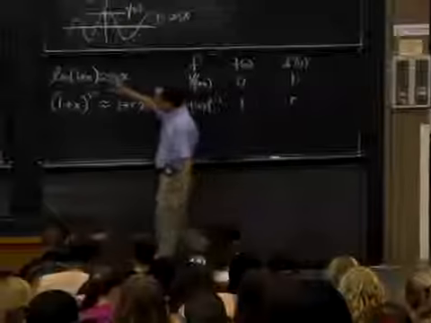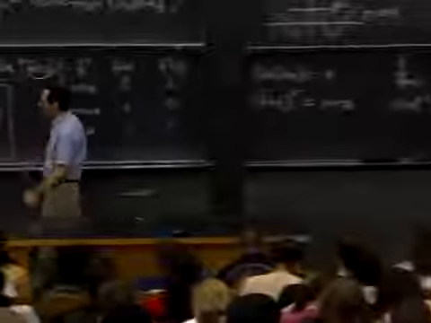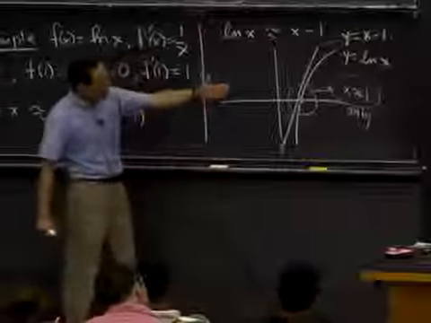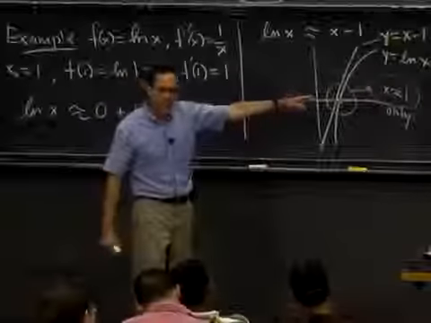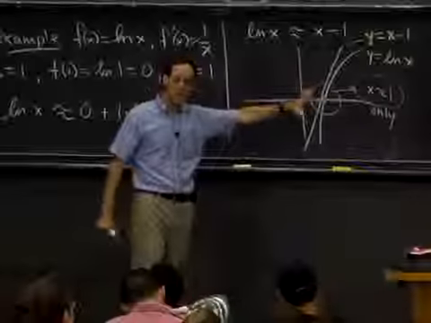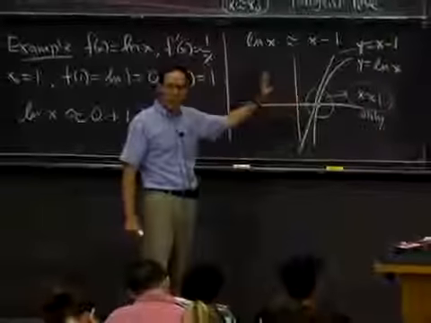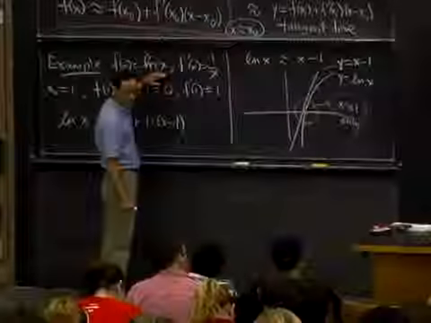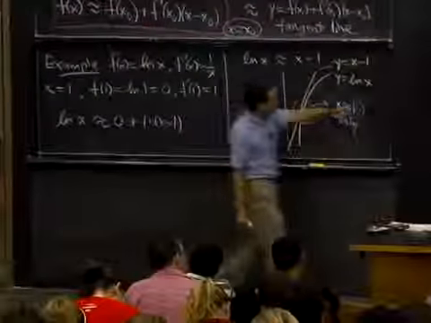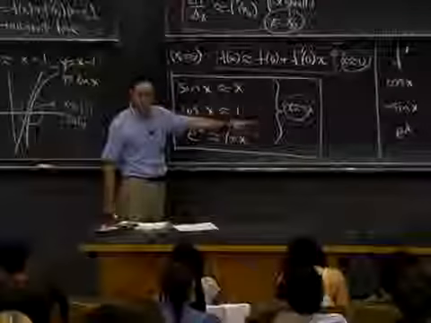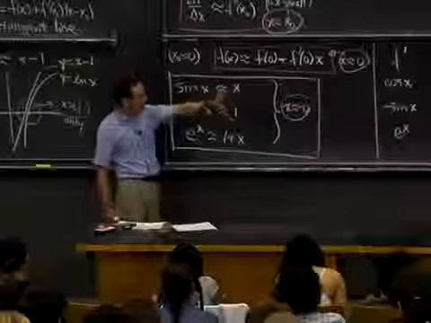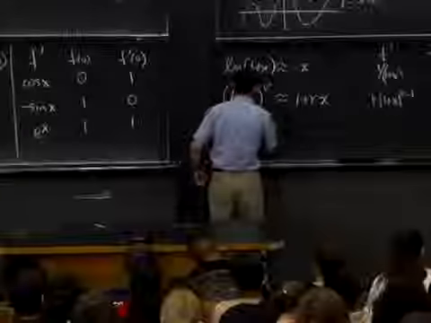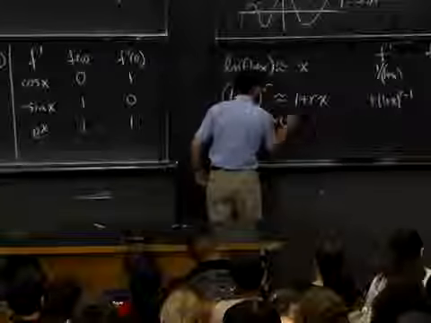Now I do want to explain what's going on here and the connection with the first example. We already did the logarithm once. Let's point out that these two computations are the same, or practically the same. Here I use the base point 1. But because of my convenient form, which will end up being much more convenient for pretty much every purpose, we want to do these things near x approximately 0.